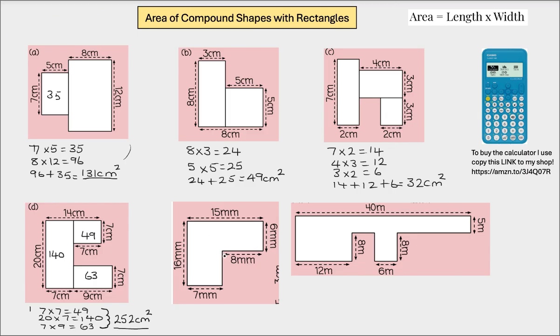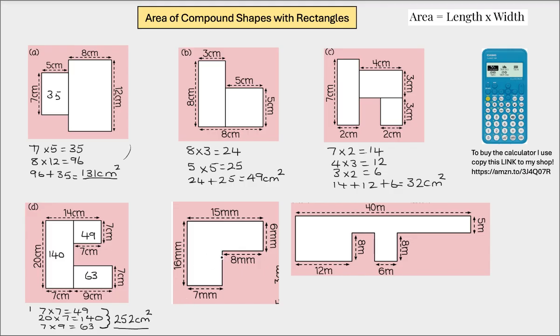So you've got a couple of options really. You can either slice it that way or you can slice it that way. Either way, you will end up with the same answer. There are multiple ways to solve compound shapes, but I will be doing a video on that called Understanding Compound Shapes, and it will give you lots of options.